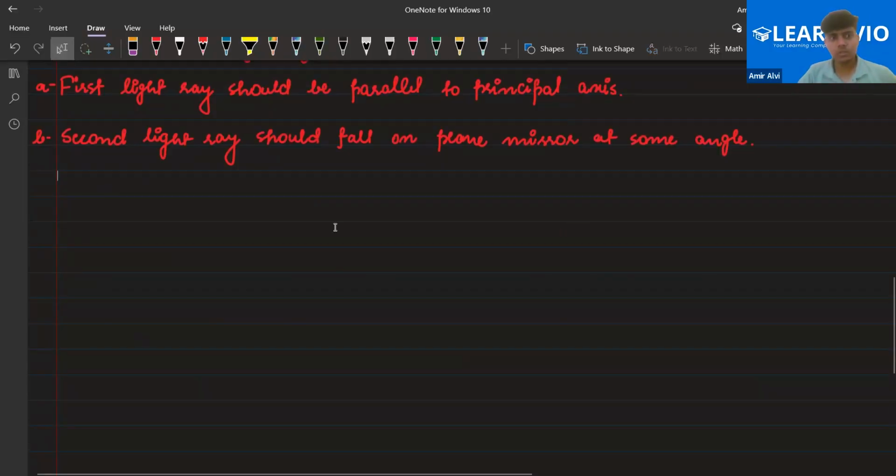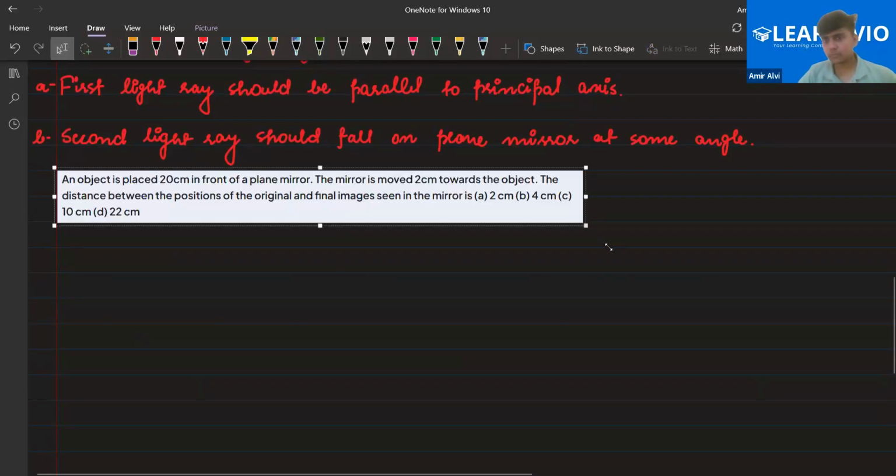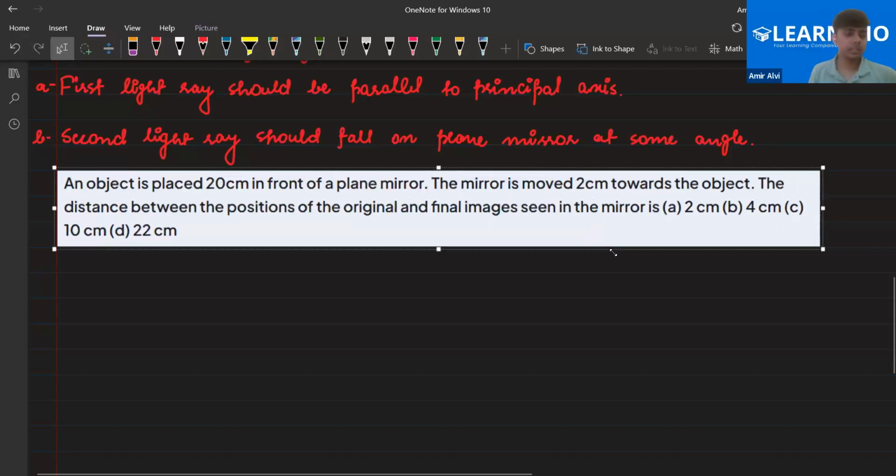Okay. So this question is saying that an object is placed 20 centimeter in front of a plane mirror. The mirror is moved 2 centimeter towards the object. The distance between the position of the original and the final image is what? Let me just explain it to you.